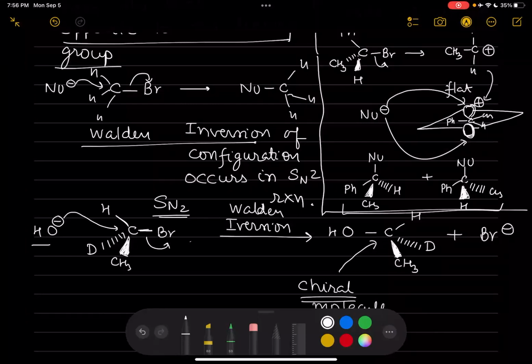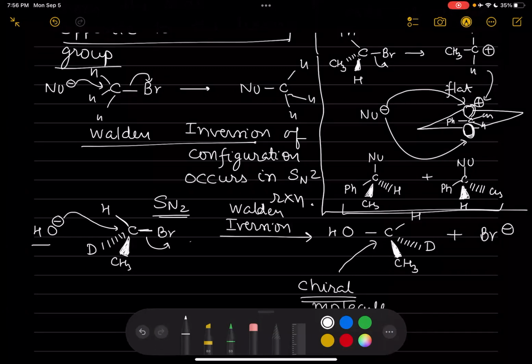And this is another form of the same molecule, which is the mirror image, and that also is chiral, because the carbon is connected to 4 different groups, but in a different order.